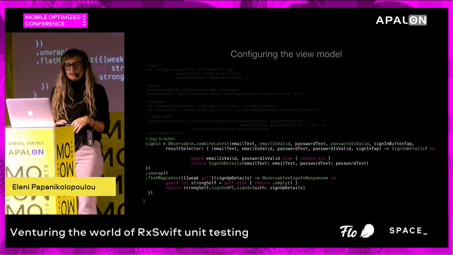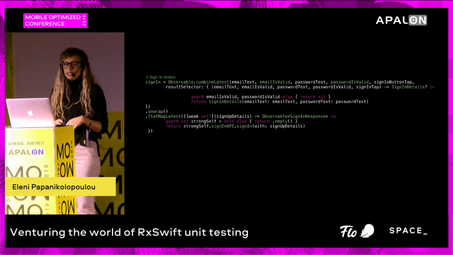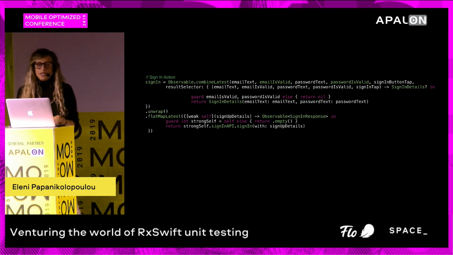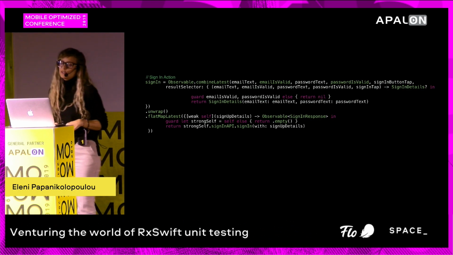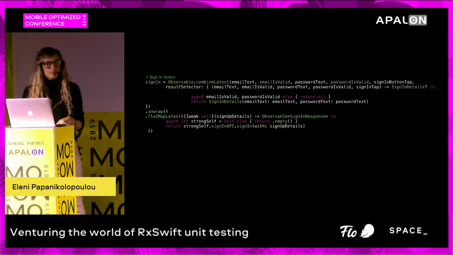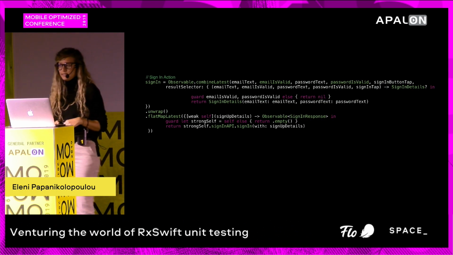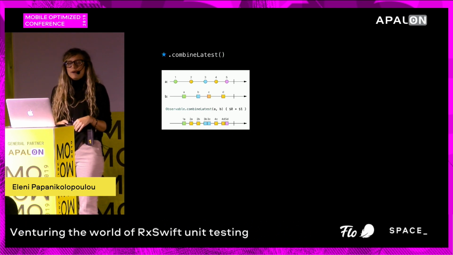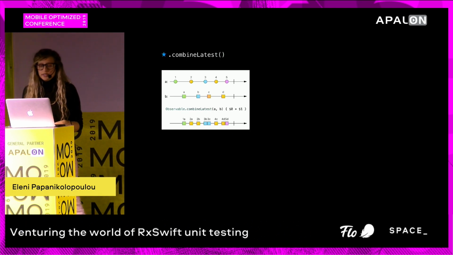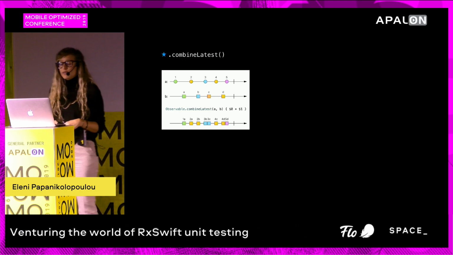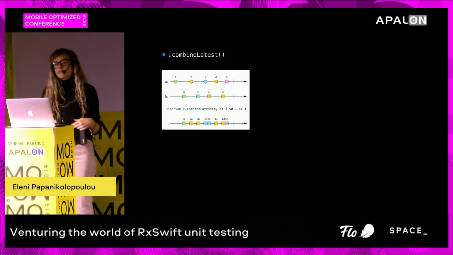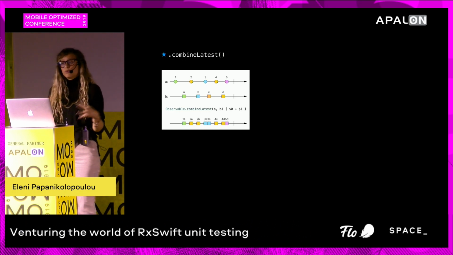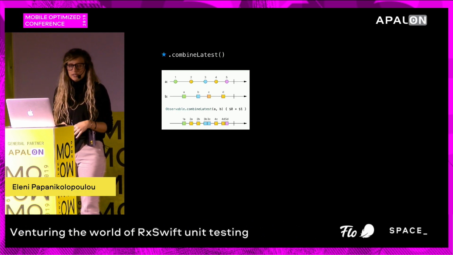Now let's see this piece of code a little bit more thoroughly. You see here that we use three different operators: the combineLatest operator, the unwrap operator, and the flatMapLatest operator. Now let's see what each one of these operators does. The combineLatest operator, as we said earlier, combines the events emitted from the input observables and generates another output by applying a function that we have specified inside the closure.